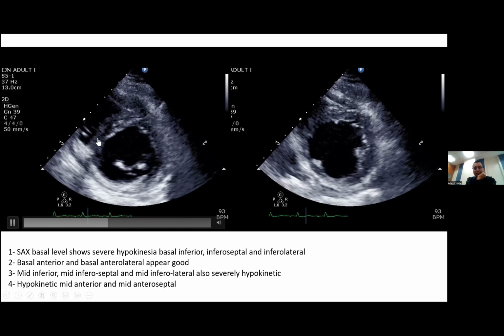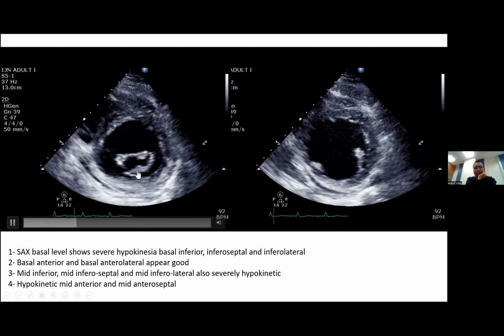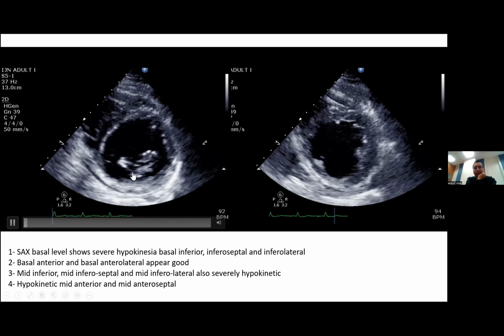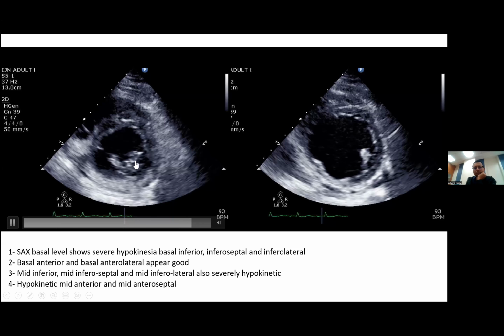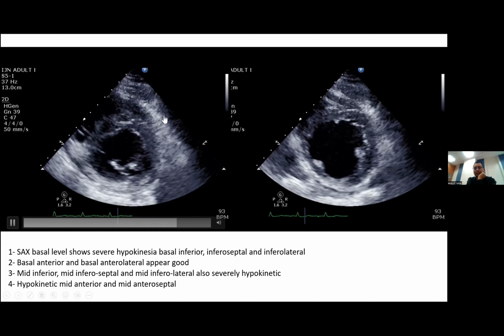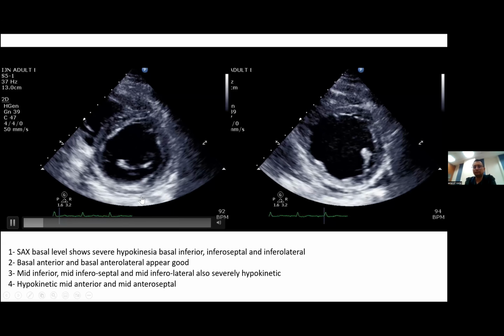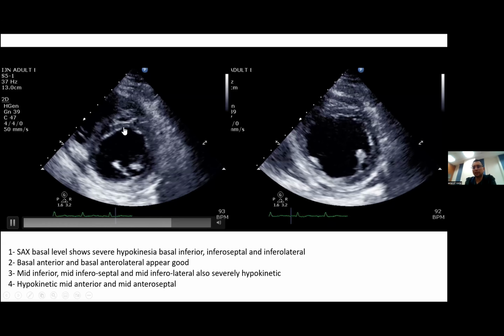This segment here is basal inferoseptal. This part is lateral, so this part is basal anterolateral. This is basal inferolateral. This is basal anterior and basal inferior. So that's how you can name the whole basal part of the left ventricle using the septum as your marker.